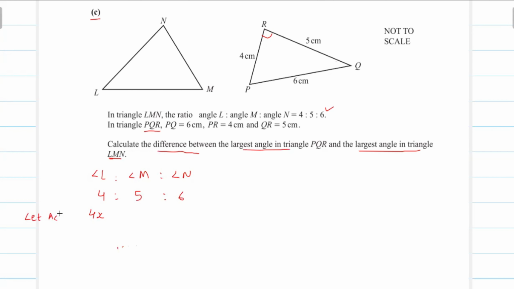Let actual angles will be 4x, 5x, and 6x. The sum of interior angle of this triangle LMN will be equal to 180 degree. Therefore, 4 plus 5 plus 6 is 15x will be equal to 180, and x will be equal to 180 divided by 15.